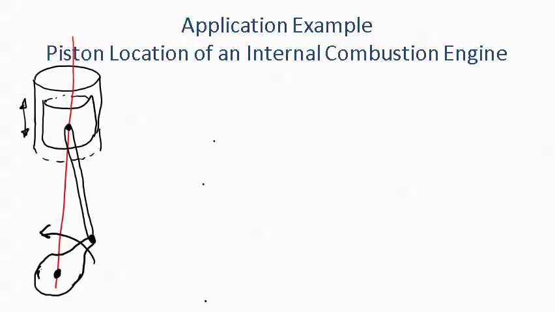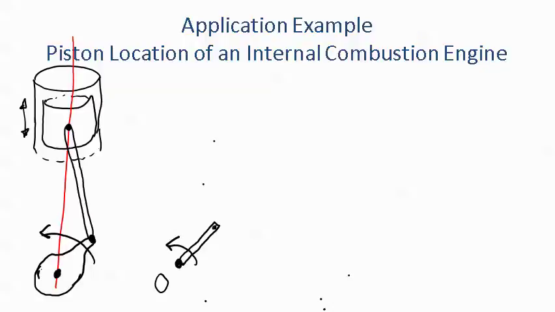What we will do now is to take this physical system and represent it with schematics. Here is our rotation point of the crankshaft. Let's call this O. We can think of the crankshaft as a linkage that rotates about the crankshaft.